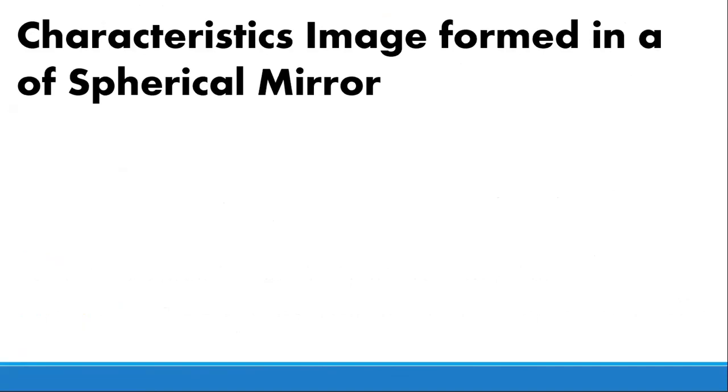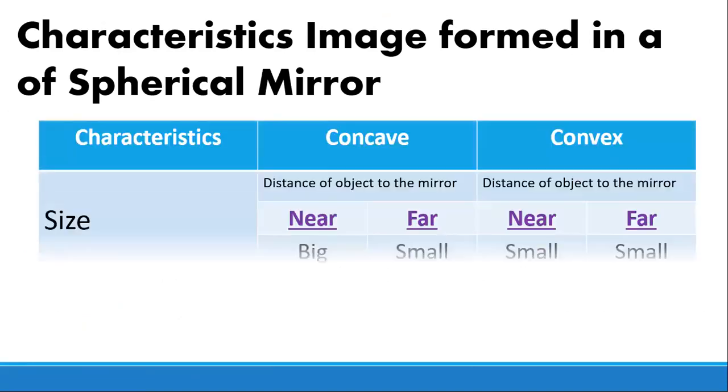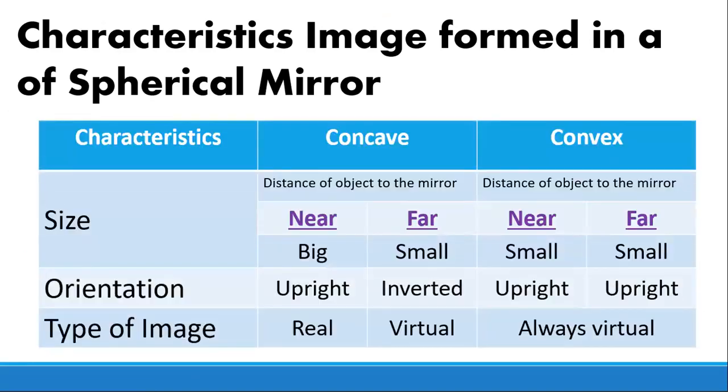There are different characteristics of images formed by spherical mirrors. The image characteristics are the size of the image, the orientation of the image, and the type of image that will be formed. For the concave mirror, if the object is near, then we come up with a bigger image.